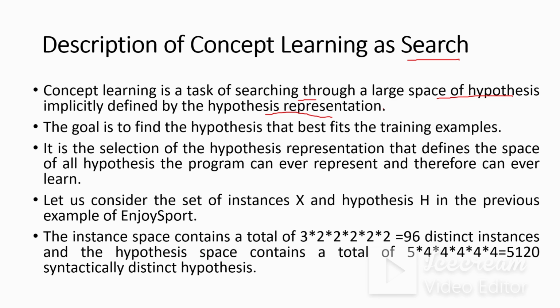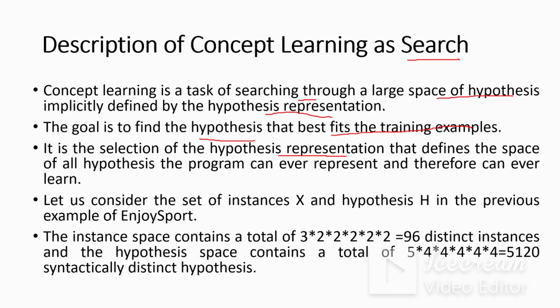We are searching for one or a few hypotheses that best fit the training examples. Now, what is the size of the hypothesis space? It all depends on the hypothesis representation. As we have discussed earlier, we have taken a very simple hypothesis representation, which is a conjunctive hypothesis space.